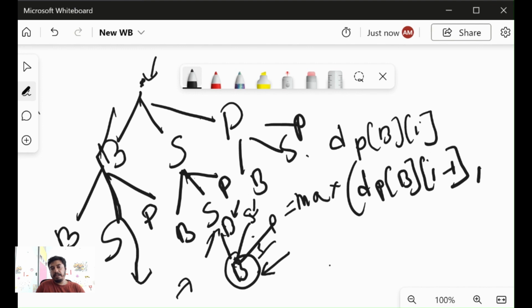So if this is my first buy activity, then my total profit is minus prices of I. The list of stock prices that is given to me as input is prices, so the profit I'm making by buying on that day is minus prices of I. Why minus prices of I?